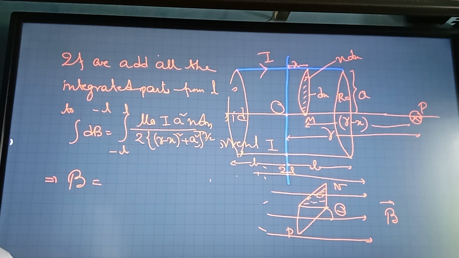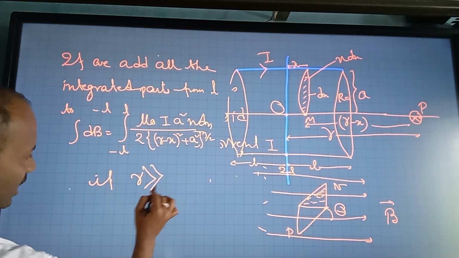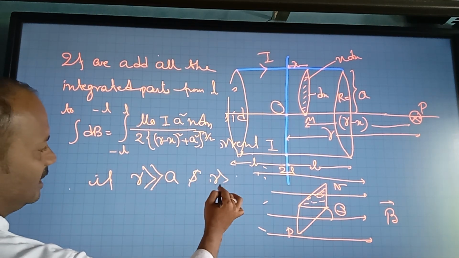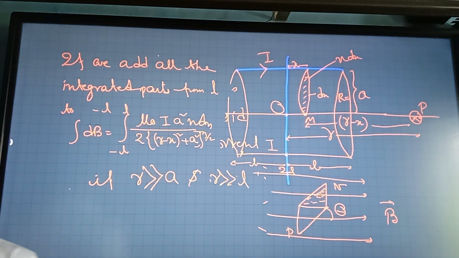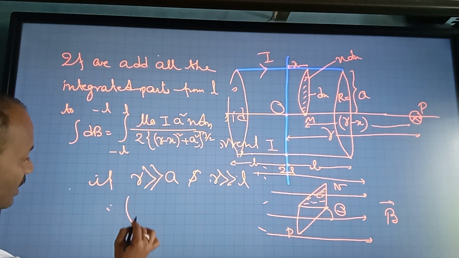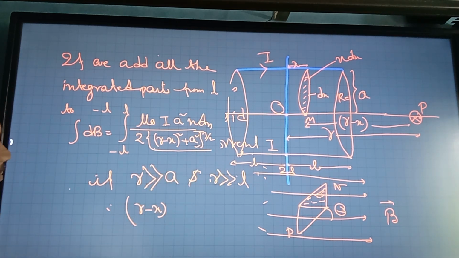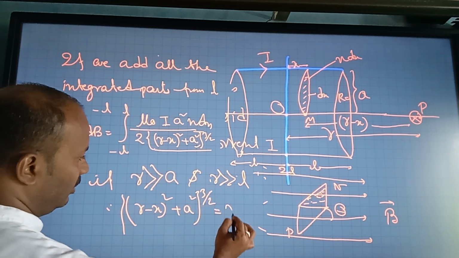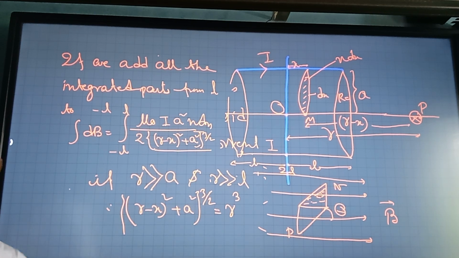Also, we got one thing. If R is very greater than A, and R is very greater than L, then we can write, therefore, R minus x whole square plus A square whole to the power 3 by 2 becomes R cube.